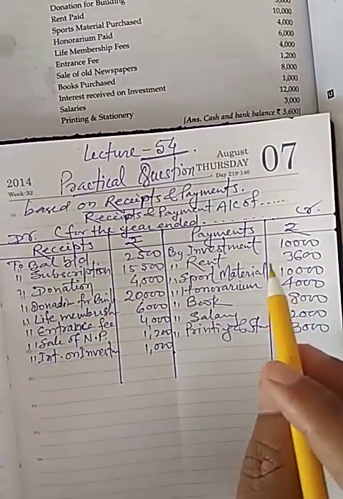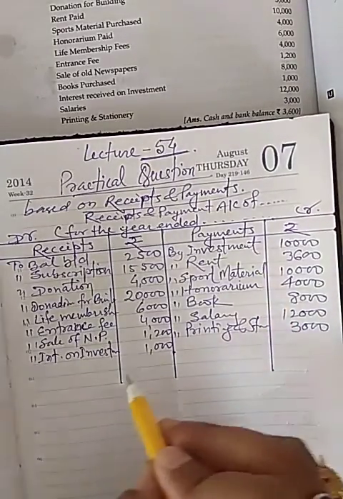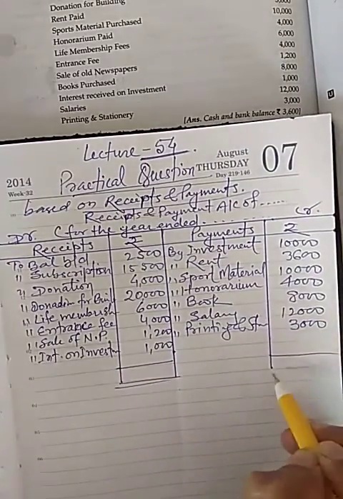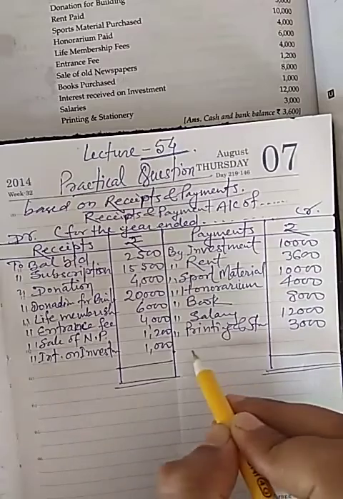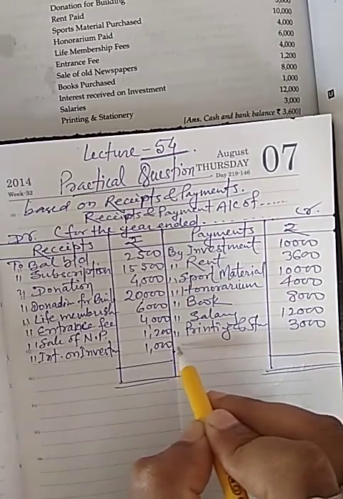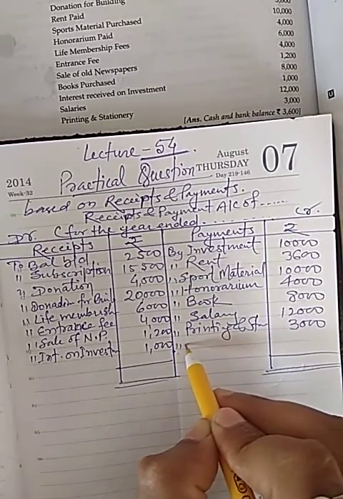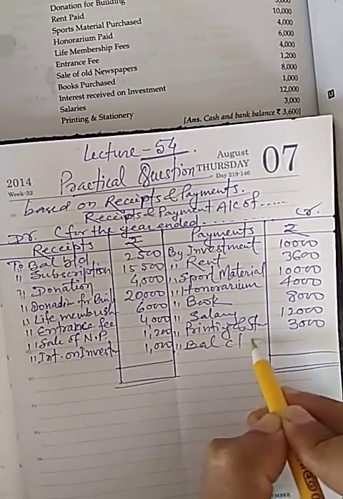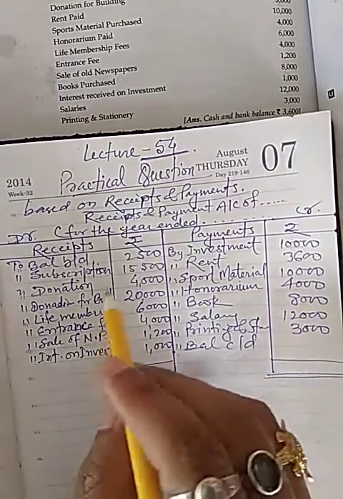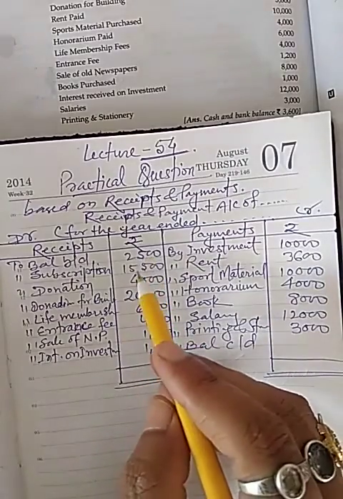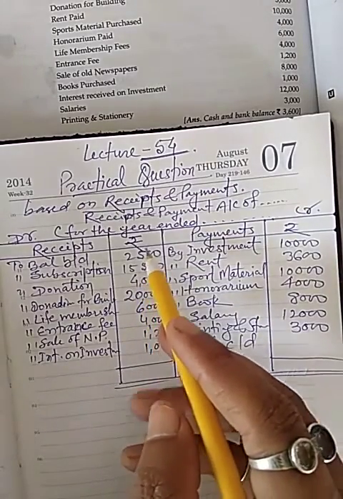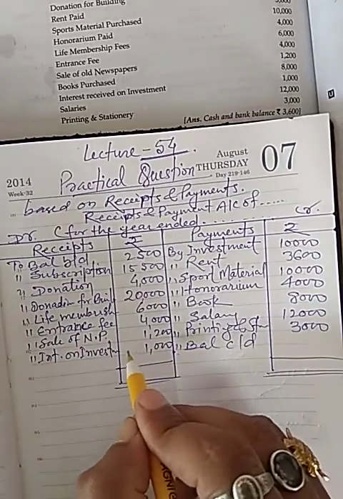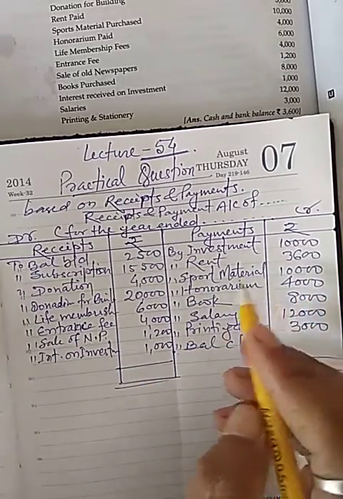Now no item is given, so I will balance it, and balancing figure will be to balance by balance CD. Total of receipt side is more than payment side.